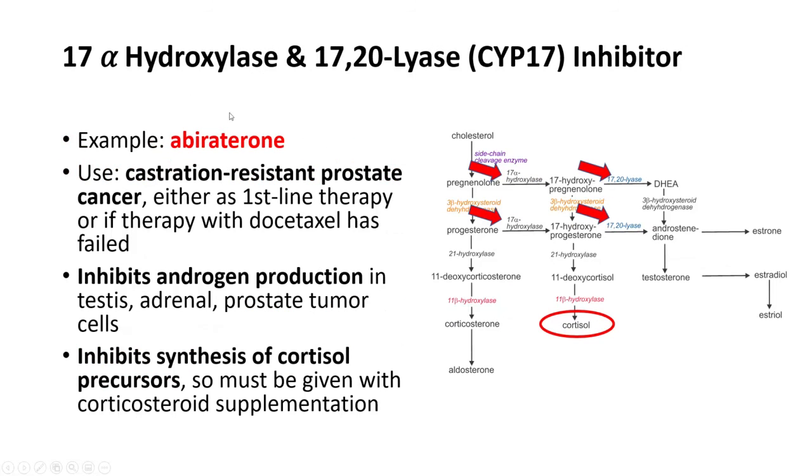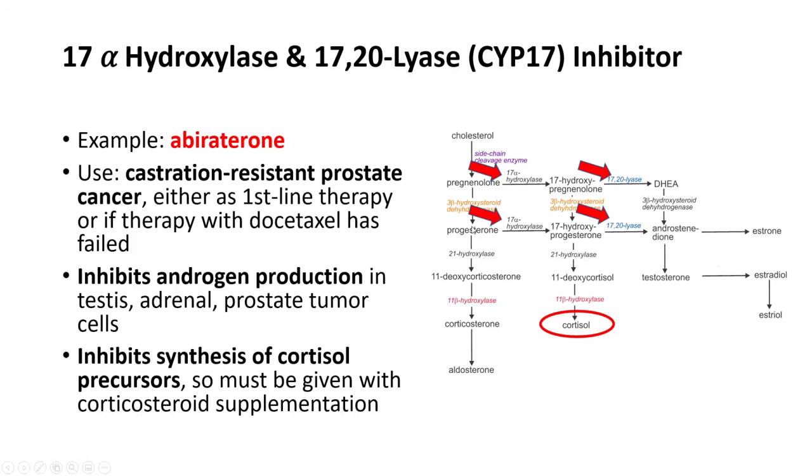Then you have a group of 17-alpha hydroxylase and 17-20 lyase inhibitors, and the red arrows are showing where those enzymes are in that sequence of synthesis of testosterone down here.